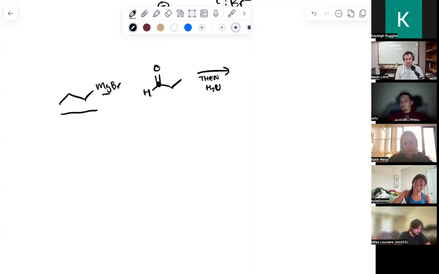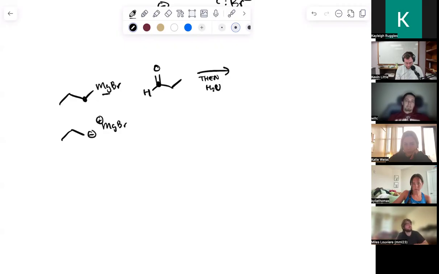I've got magnesium here. That's a metal. So my first thought is I'm going to draw the ionic species out. Well, that looks like a nucleophile to me.